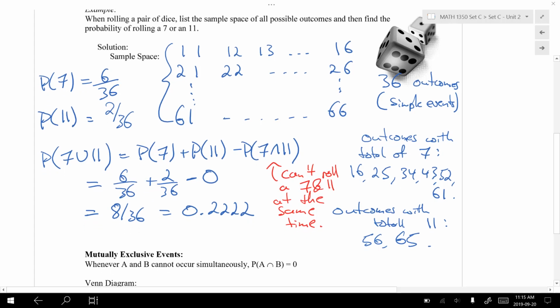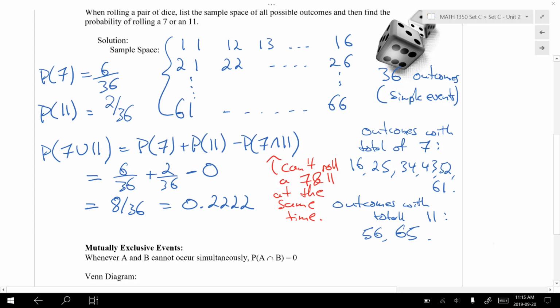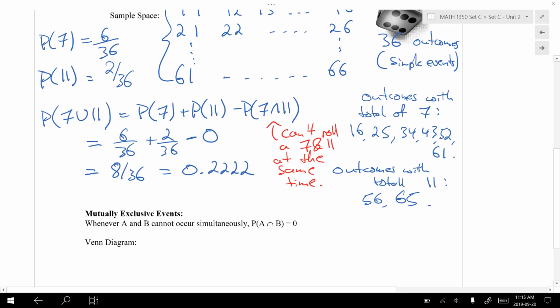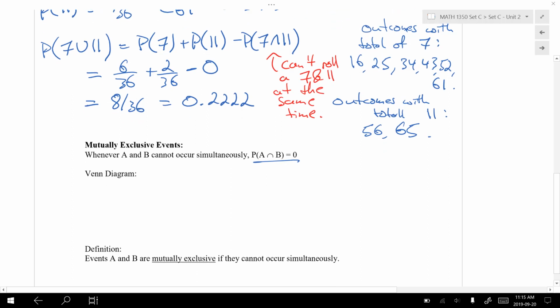Now, these two events that we were thinking about, their and was 0. They cannot occur simultaneously. We have a name for this sort of thing. We'll use the phrase mutually exclusive events. So events that have this property where the probability of A and B is 0, we will refer to as mutually exclusive.